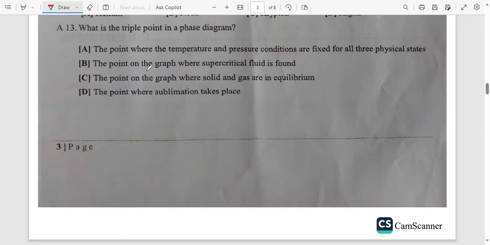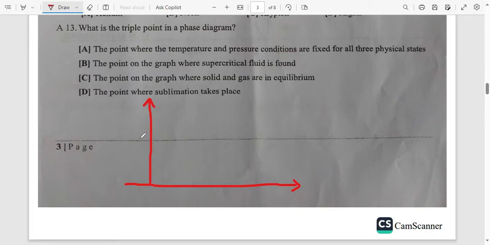Question 13. What is a triple point in a phase diagram? A phase diagram is just a diagram that shows how a compound is able to transition between the three states of matter. We can talk about the phase diagram for water, for carbon dioxide, and for others.